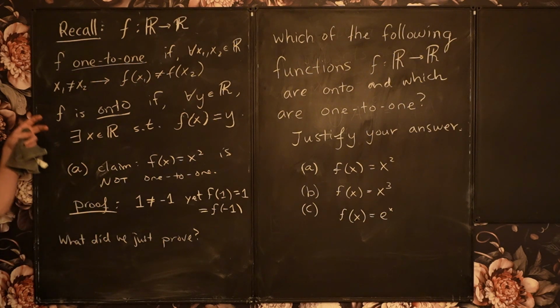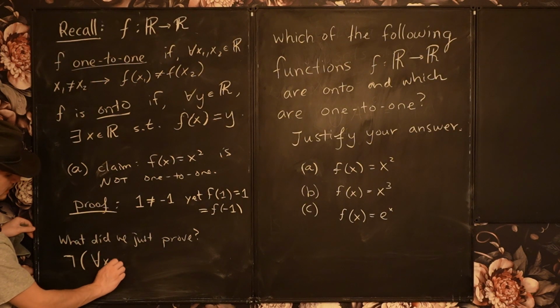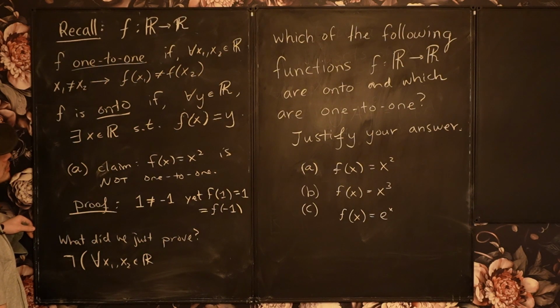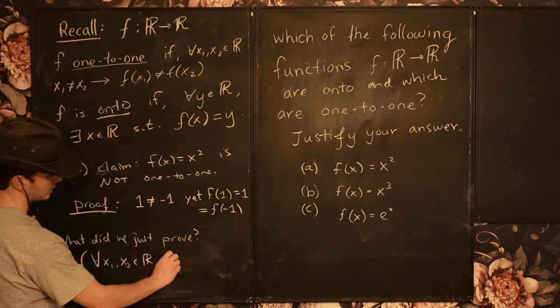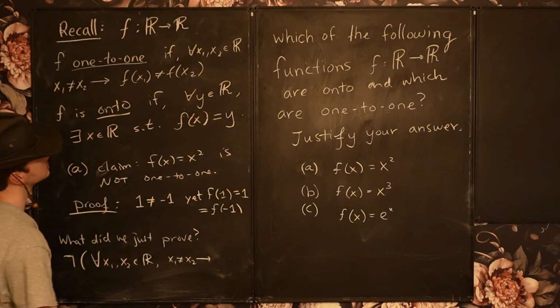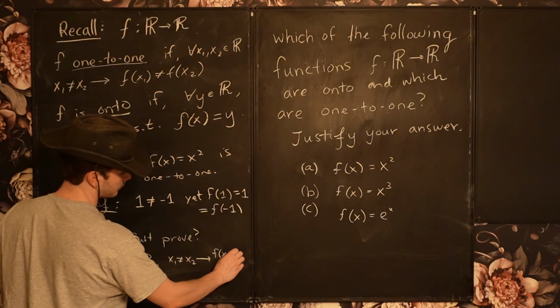So we proved the logical negation of this definition. We proved the negation of the definition: for all x1, x2 in R, x1 not equal to x2 implies f of x1 not equal to f of x2.